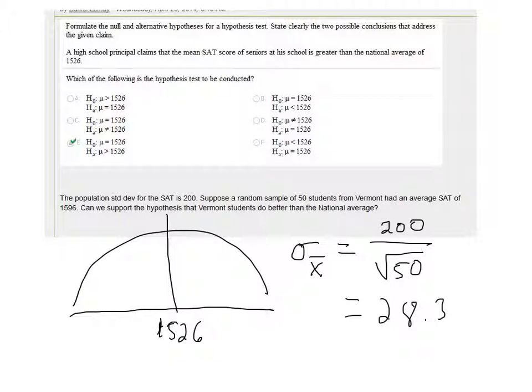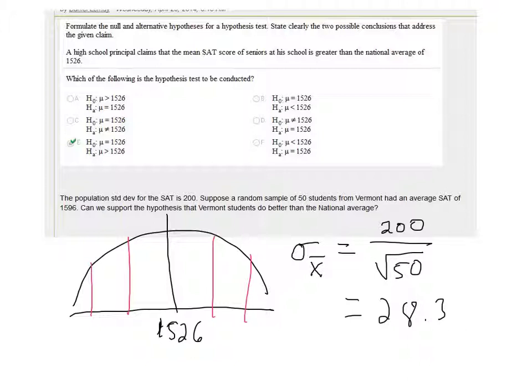Well, if I go out 2 standard deviations either side of this mean, that should catch 95% of all the sample averages when I sample 50 kids. So if I subtract that standard deviation twice, actually I'm not going to write the minus 1.